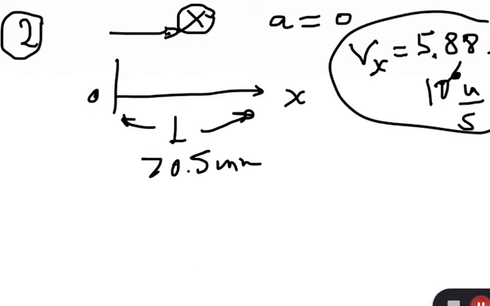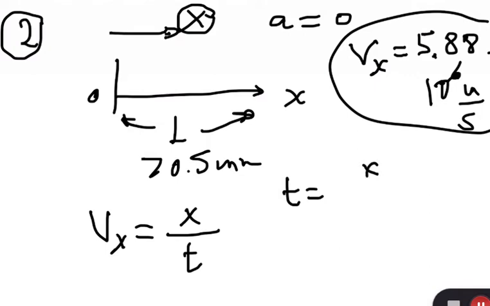So we can write Vx equals distance, which is x, divided by the time. That's the formula for a constant speed motion. So the time would be x divided by the speed Vx.